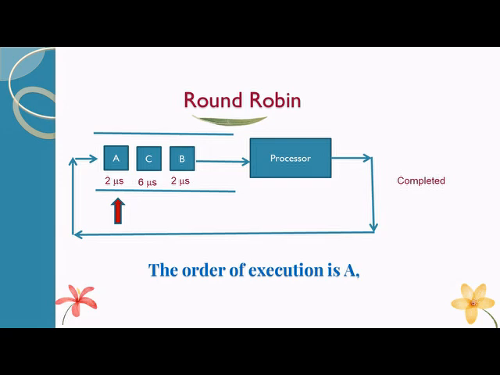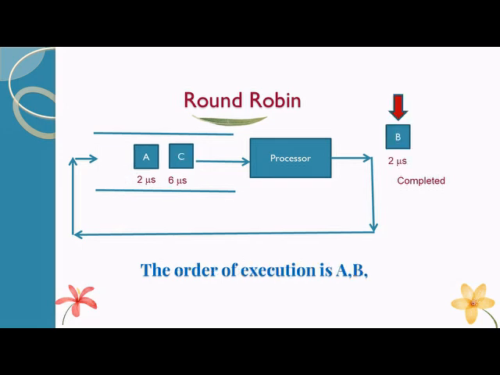It needs only 2 microseconds, so process B could be completed now. Now it is the turn for process C. It needs 6 microseconds, but the processor can assign only 2 microseconds. So for the remaining 4 microseconds, it comes back to the queue.